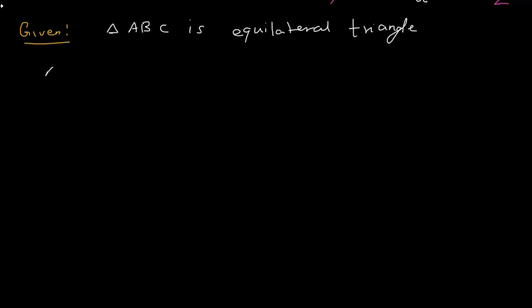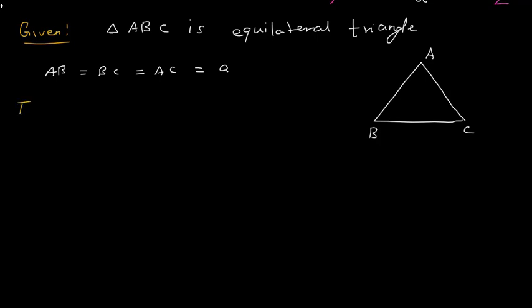We have AB equal to BC equal to AC, all having length A. We have to find the area of this equilateral triangle using Heron's formula. So first I have to find the semi-perimeter. So this is given, and what we have to find, I will write, to find the area of ABC, means area of triangle ABC.